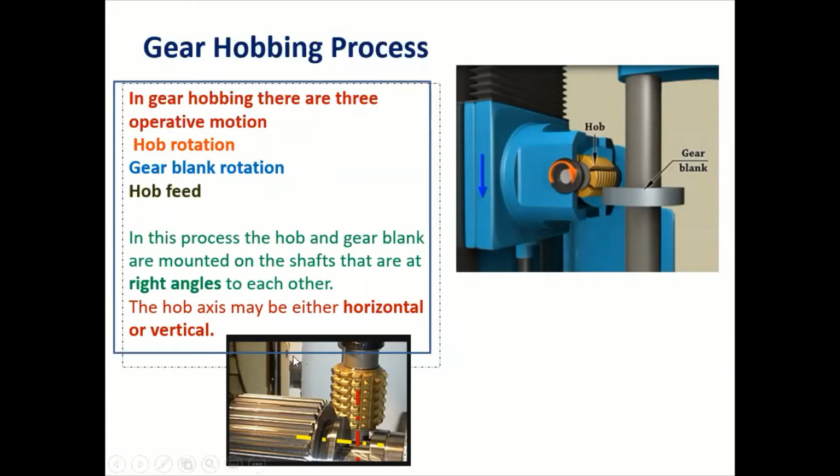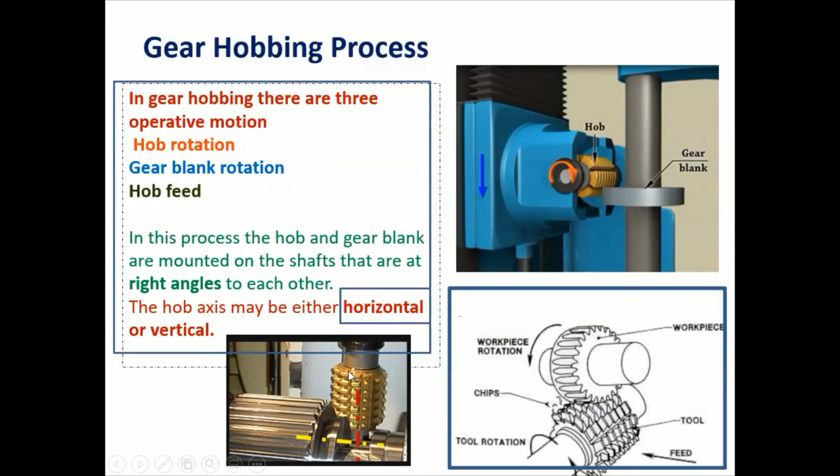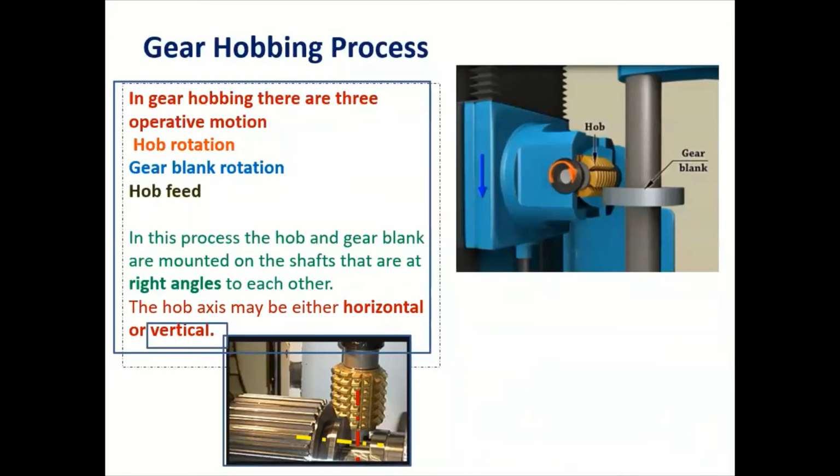Here the hob is mounted on a horizontal spindle, and here also we can mount it on a horizontal spindle. So the hob can be mounted horizontally as well as vertically.